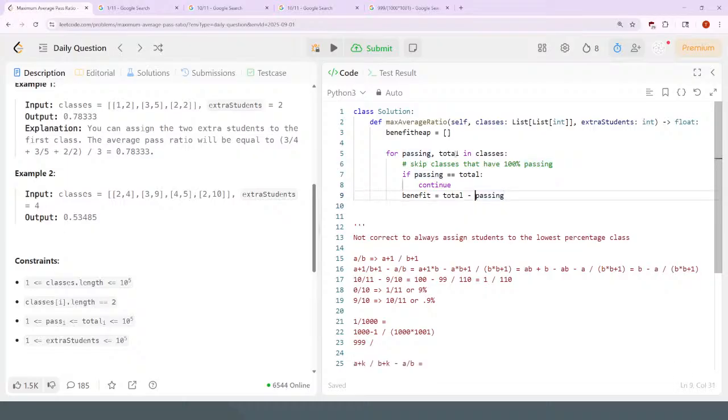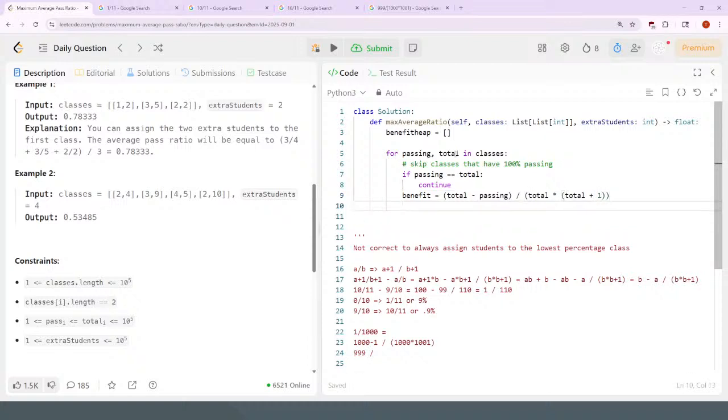The benefit is total minus passing, divided by total times total plus 1. This benefit is a positive value, so I need to sort by the biggest positive, so I need to make this negative.